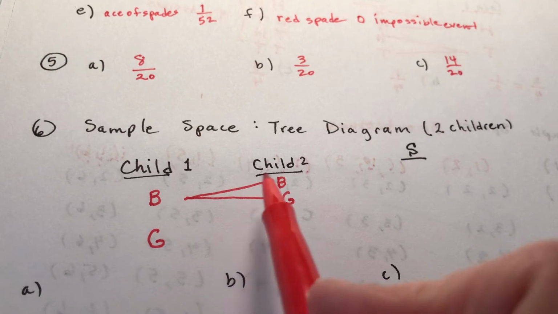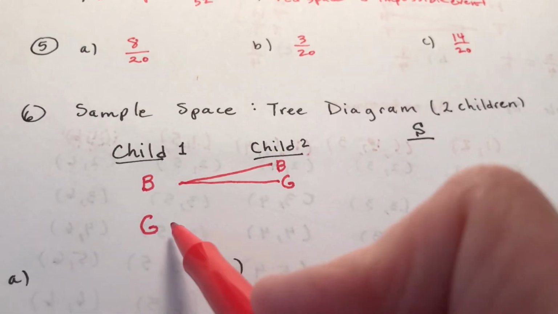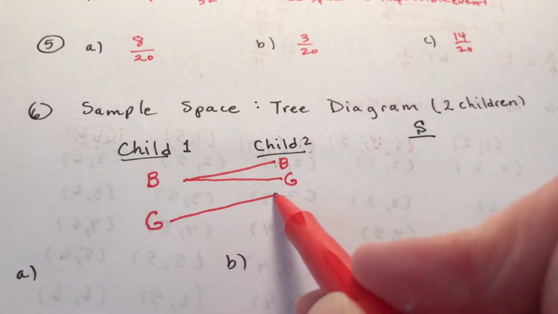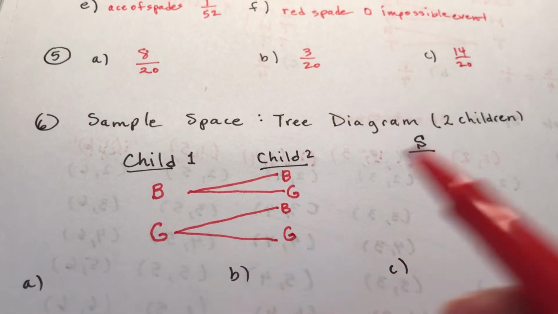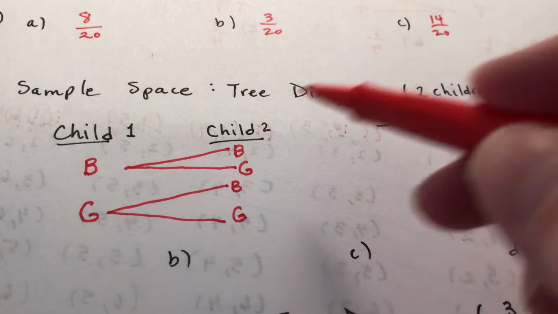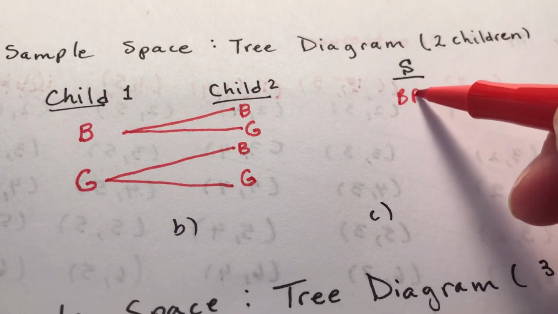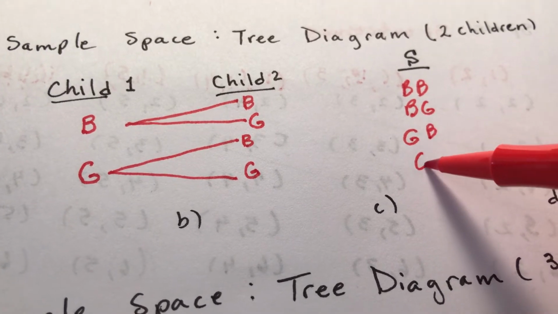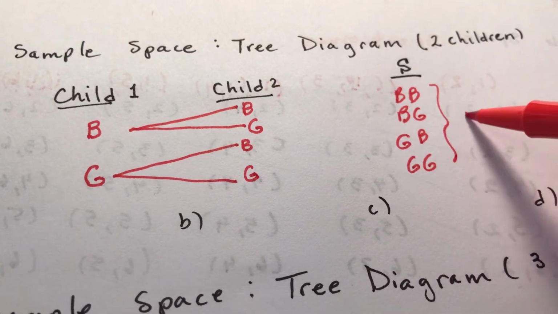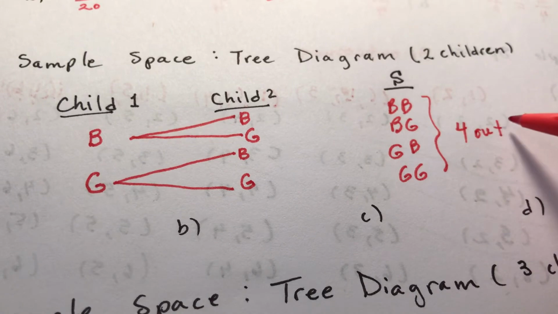So we could have boy, boy, boy, girl. Now, if the first child was a girl, you could have girl, and I always just put them in the same order. It helps me to keep it organized. And my sample space then is boy, boy, boy, girl, girl, boy, and girl, girl. So we have 4 possible outcomes here.